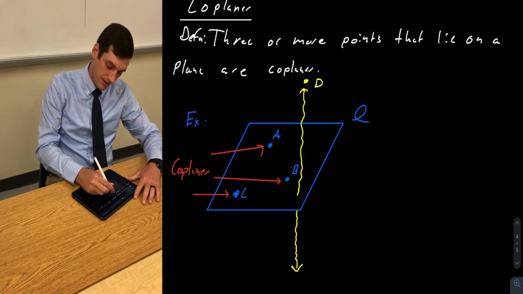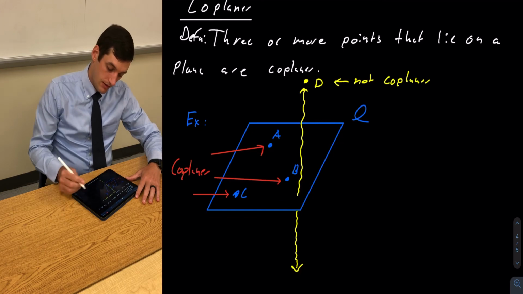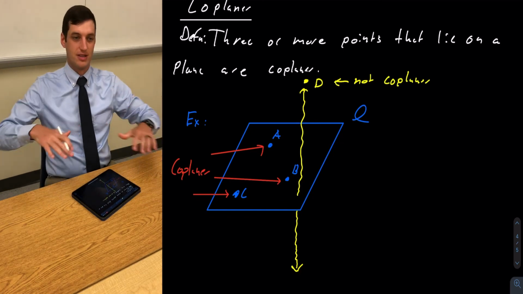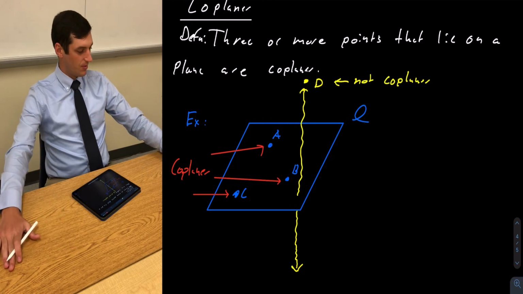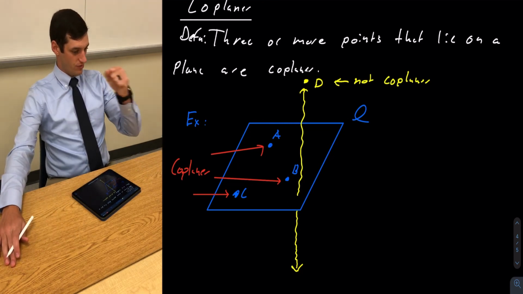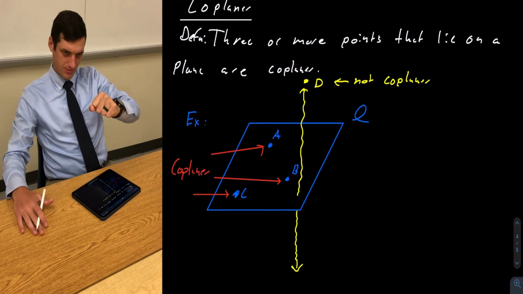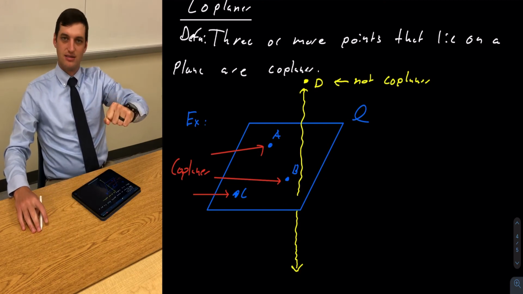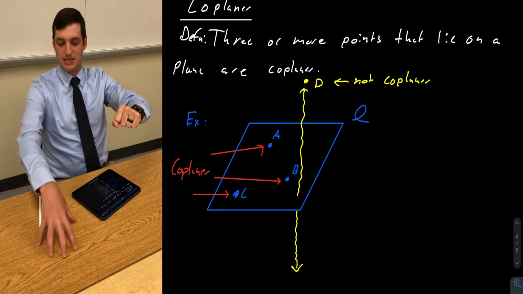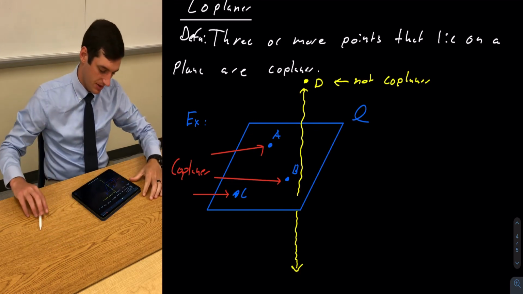This would be point D, say not coplanar. Okay, so that's what it means to not be coplanar. It's like if we were on this table and I was to hold a point right here above the table, this point is not on the same plane as these points that are on this table. So that's what it means to be coplanar.